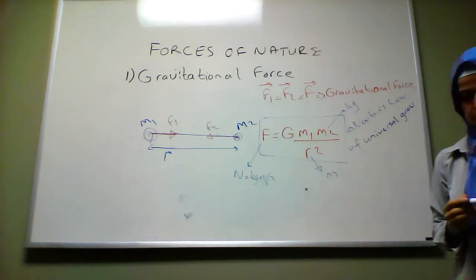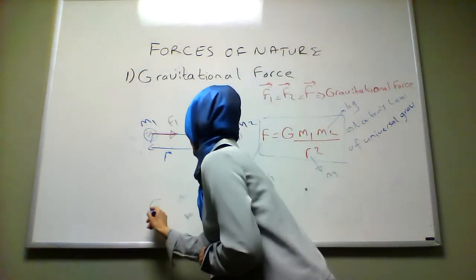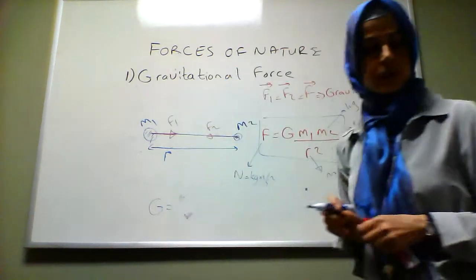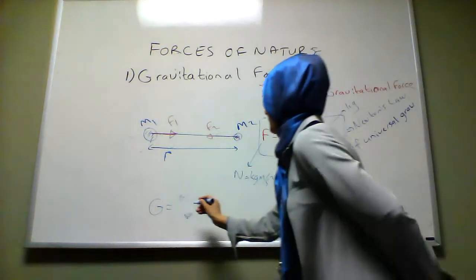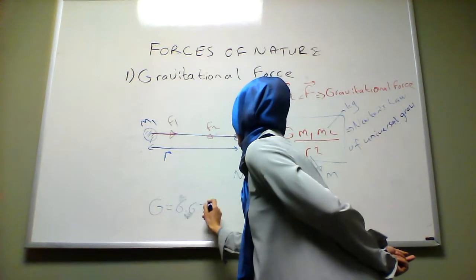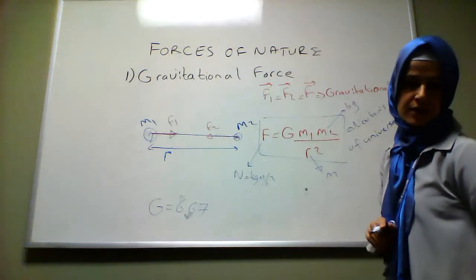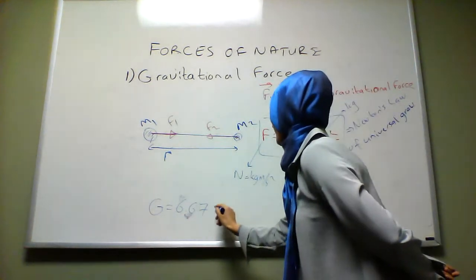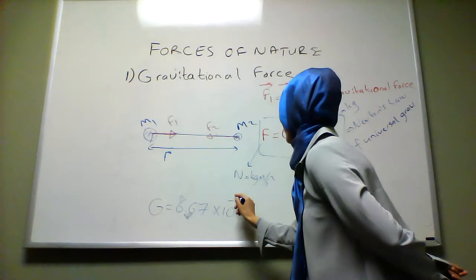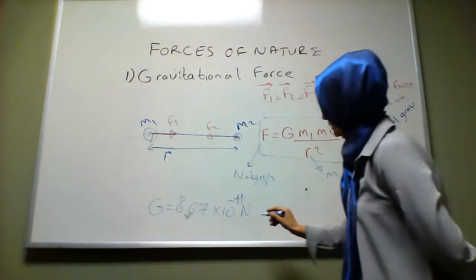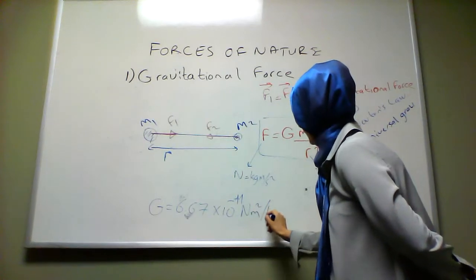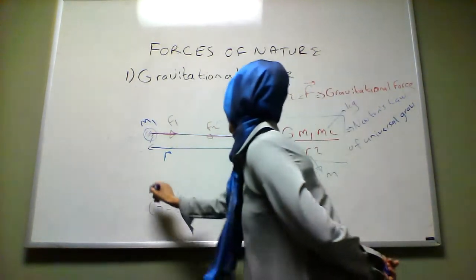G is a constant which is called the universal gravitational constant, and it is equal to 6.67 times 10 to the minus 11 Newton meters squared divided by kilograms squared.